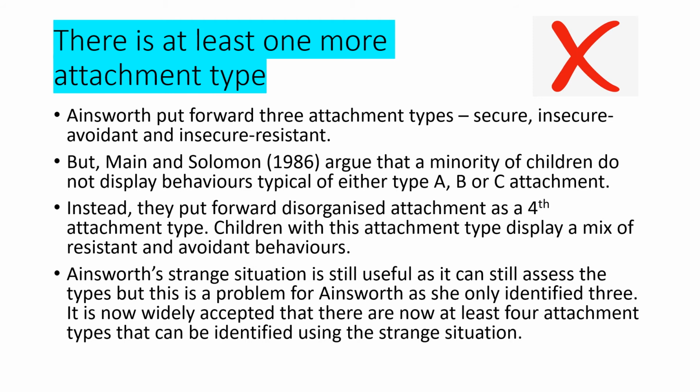And it's whereby children display a mix of resistant and avoidant behaviours. So Ainsworth's strange situation is still useful. It can assess the types, but this is a problem for Ainsworth because she only identified 3. And it's now widely accepted that there are at least 4 attachment types that can be identified using the strange situation.